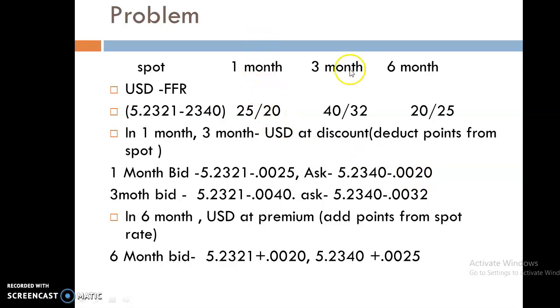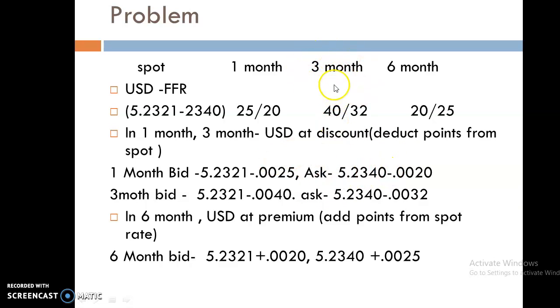So why do you deduct? What's the principle? The first pip is greater than the second pip, so deduct the pips from the spot rate to get the forward rate. That's why we are deducting, and we are getting the 1 month bid rate and the 1 month ask rate in the forward market by way of this deduction.